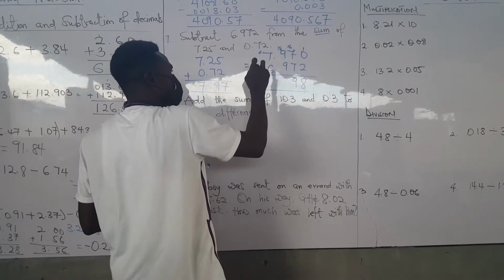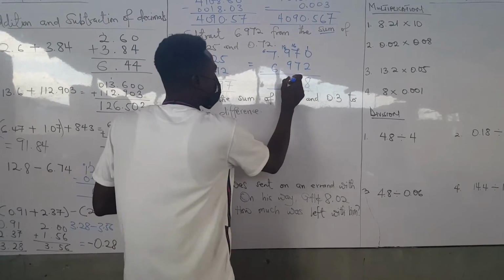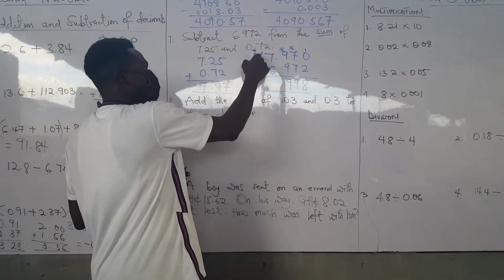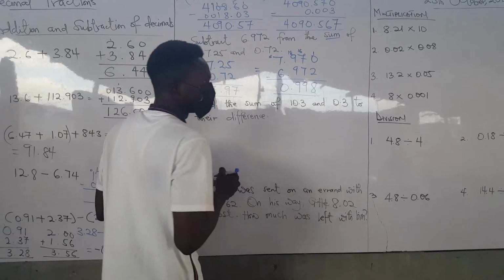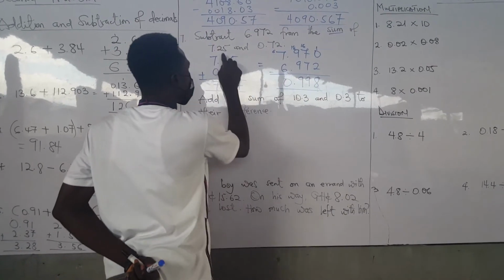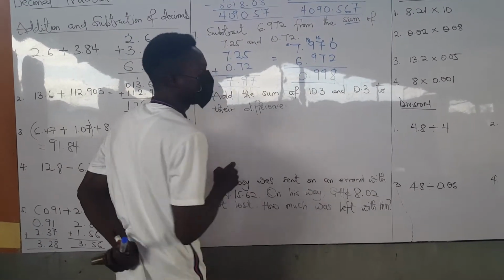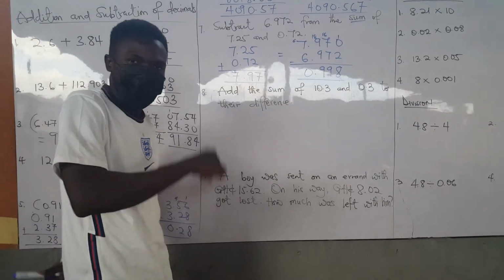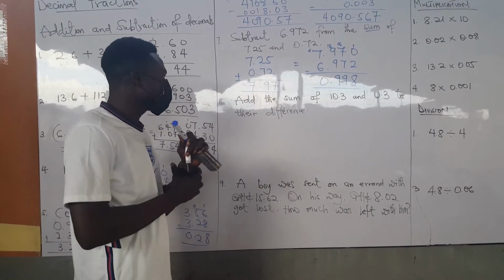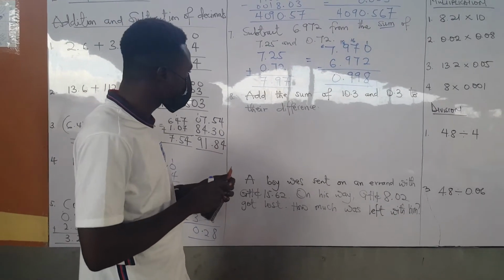So 18 minus 9 will give us 9. 0.6 minus 6 is 0. So subtracting this from the sum of this and this is going to give us 0.998. Good. And let's look at the 8th one, also in a word problem form.